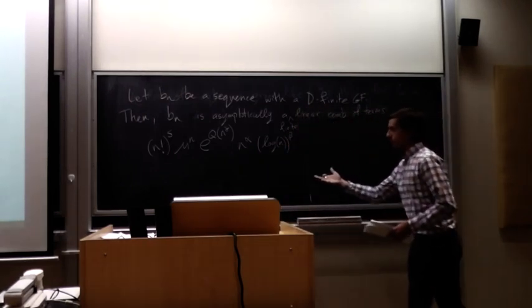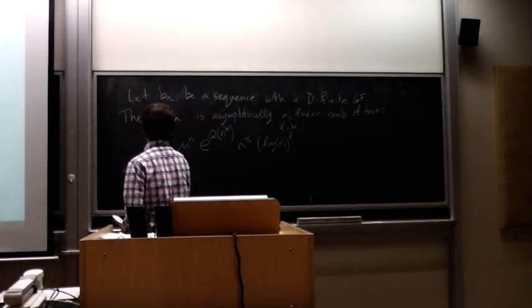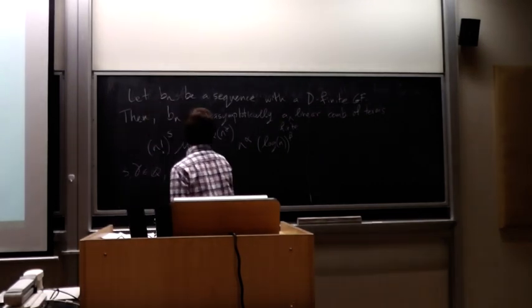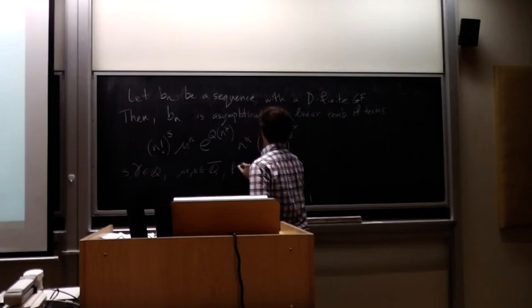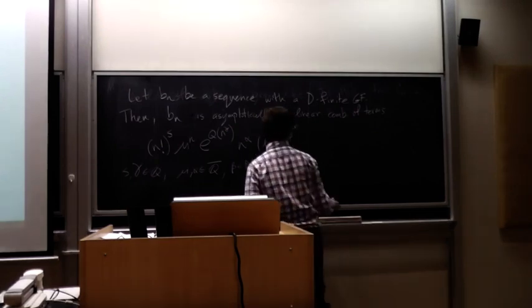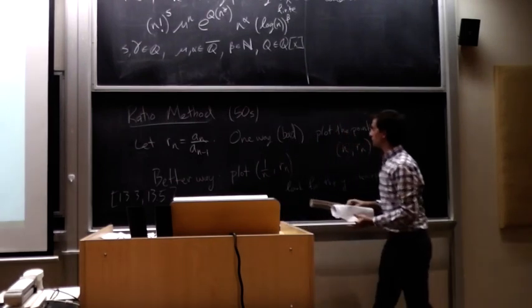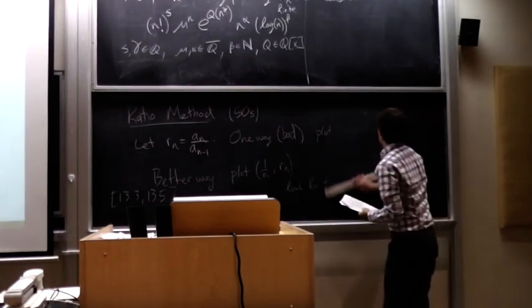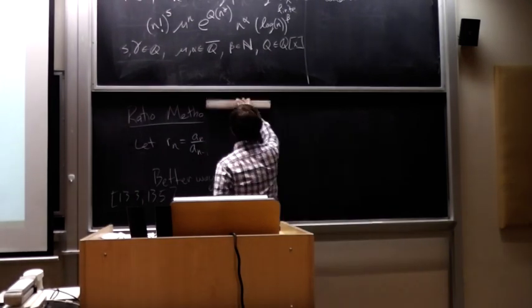So it's a finite sum of terms like this. The restrictions are that s and gamma must be rational. Mu and alpha must be algebraic. Beta must be a natural number. And q must be a rational polynomial. So significantly more complicated than the form that we had before, where we just had the mu to the n, n to the alpha.